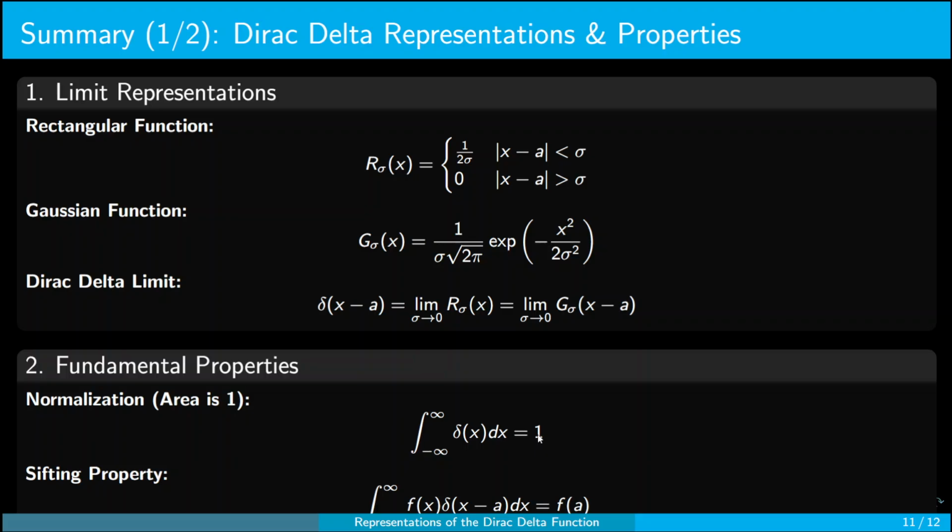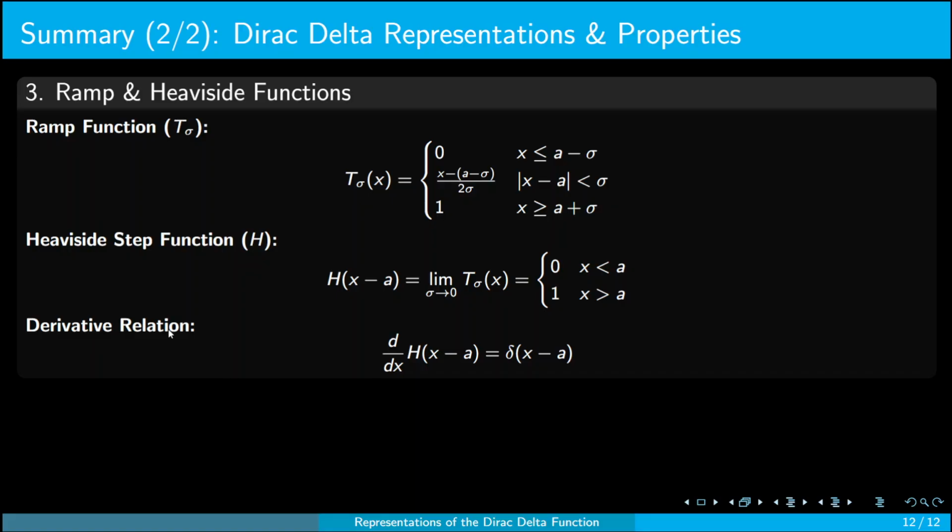Now we discussed one of the shifting properties. We said f x is a continuous function. So the integral of f x times delta x minus a dx, from minus infinity to infinity, will become f a. Now a ramp function t sigma is given like this, and the Heaviside function is given by this, and the connection between Heaviside and ramp function is the limit sigma tends to 0 of t sigma x, and the derivative of this Heaviside function will give us the delta function delta x minus a.